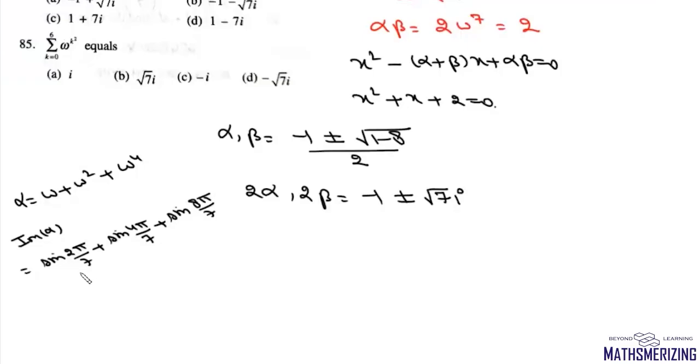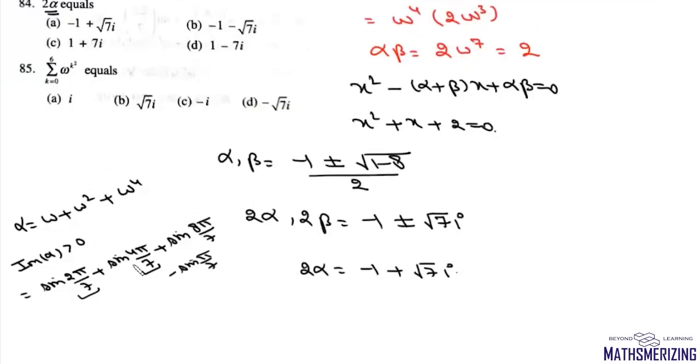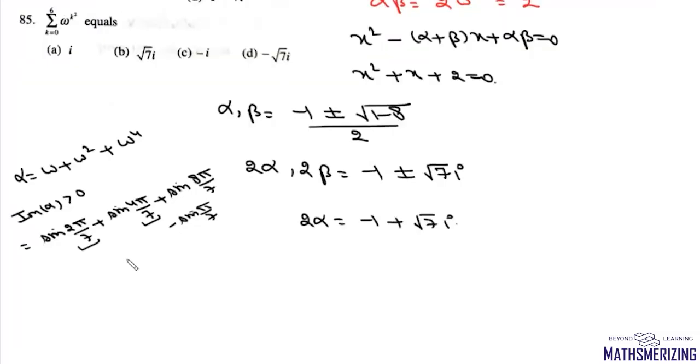Now 2 pi by 7 is less than pi, 4 pi by 7 is also less than pi, and sine 8 pi by 7 is minus sine pi by 7, which is less in magnitude than sine 2 pi by 7. So this value must be positive. So the imaginary part of alpha must be greater than 0. From here we can conclude that 2 alpha must be minus 1 plus under root 7 iota, and that's your option A.